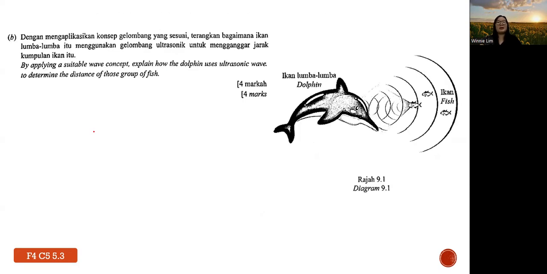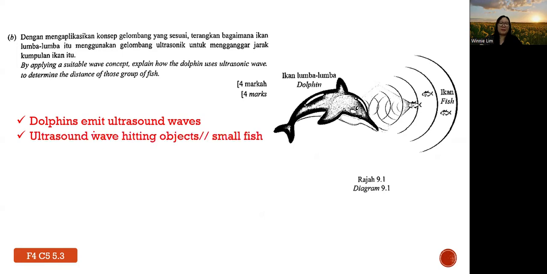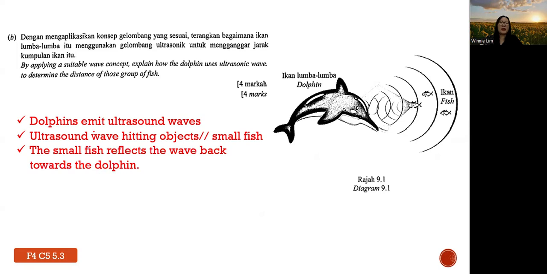Okay, so applying the suitable wave concept, explain how the dolphin uses ultrasonic wave to determine the distance of those group of fish. For information, ultrasonic wave is actually under the category of sound wave, but it is a high frequency sound wave. So firstly, the dolphin will emit the ultrasonic wave. When the wave reaches the group of fish, it will be reflected back. So when the ultrasonic wave hits the small fish, the fish, or the obstacle, will reflect back the wave.